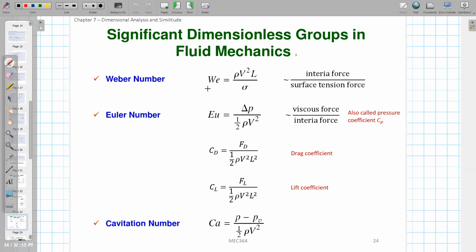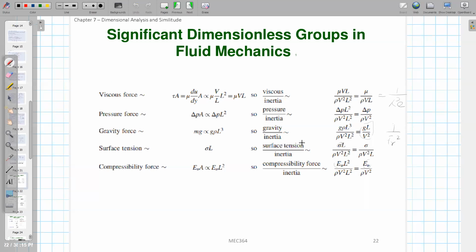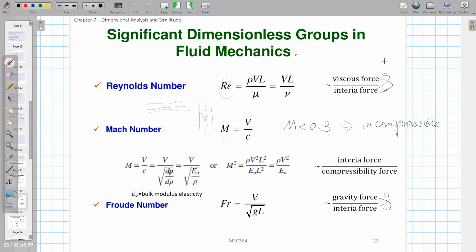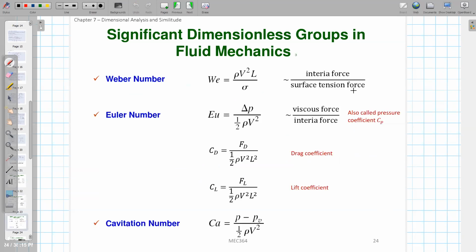You are going to see the Weber number when you study problems where the surface tension phenomena become significant. Because this Weber number is actually rho v squared L over sigma, so this is the ratio between the inertial force and the surface tension force. You will have this Weber number considered when you need to add it for a problem.